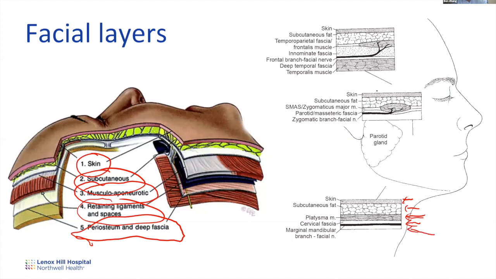This is a common theme you'll notice throughout the face, that the nerves sit right below this muscular fascia aponeurosis layer and another layer of fascia. And then at the temporal side, it's pretty similar. You have a deep temporalis muscle with deep temporal fascia above it. You have your facial nerves above that.